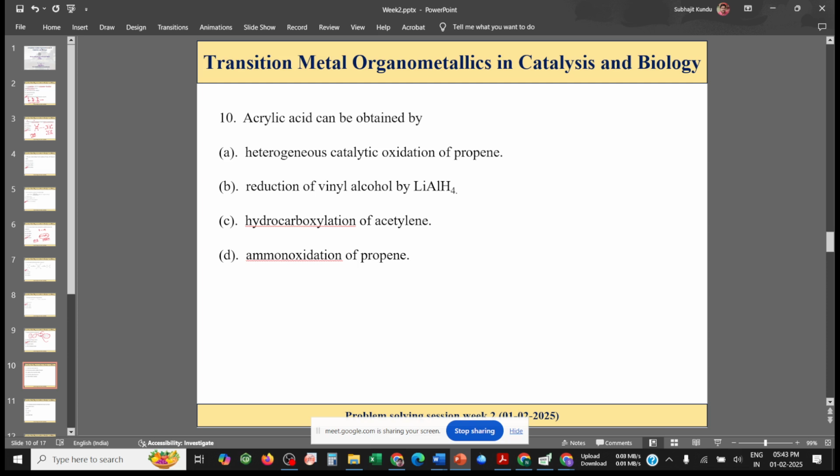So acrylic acid can be obtained by... This acrylic acid thing I discussed in great detail in the last week 1 session, and I also showed by drawing how acetylene can be converted to acrylic acid. And this question is an MSQ type question.